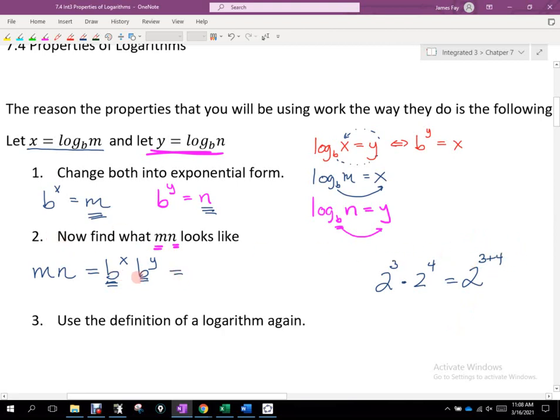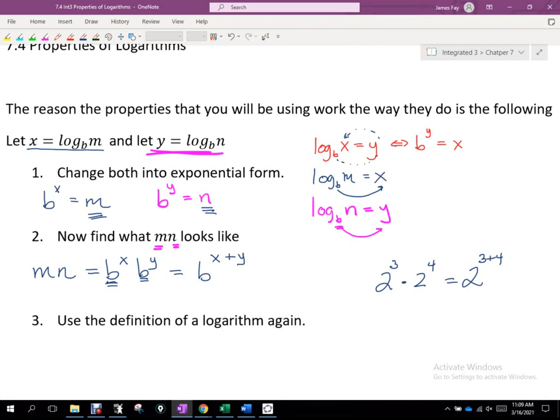Well, then right here, I want to rewrite this as b to the x plus y. I can't write it as one thing, like 7, because I don't know what x is and I don't know what y is. So I can't actually do the addition, but I can write the implied addition, b to the x plus y. Is that all right with everybody? Okay.